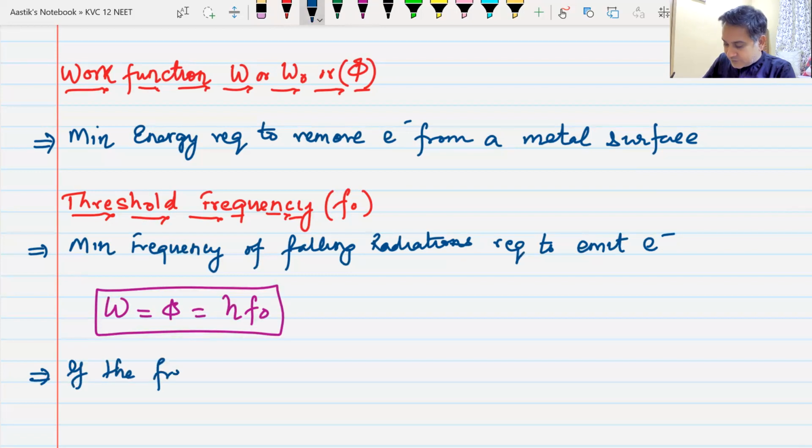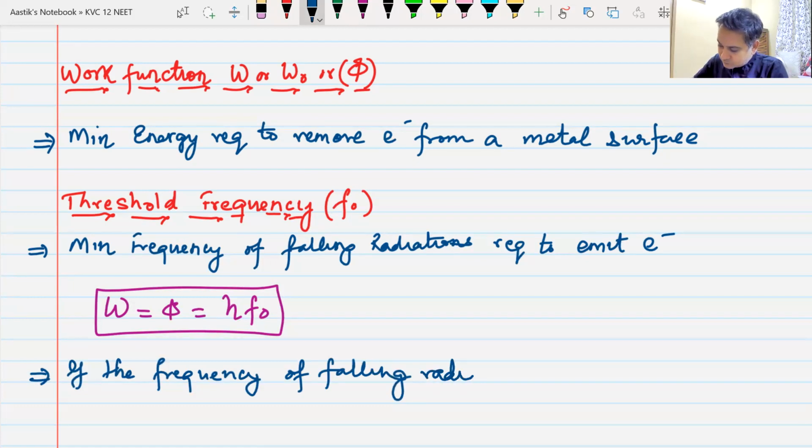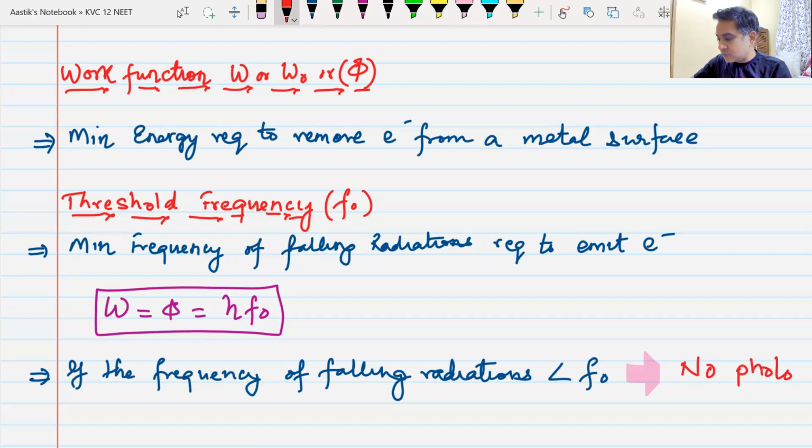If the frequency of falling radiations is less than f naught, this will imply there will be no photoelectric effect, no matter how much light is falling.